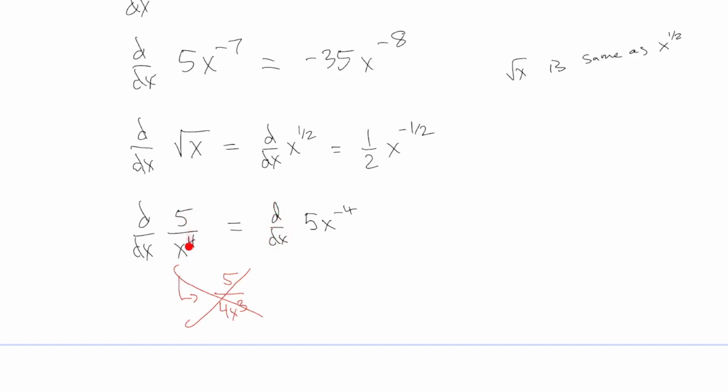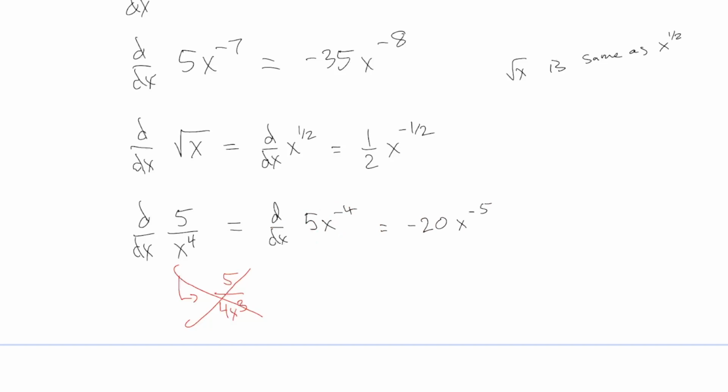All I did was I wrote that in a different way. I hope you all remember that a negative exponent indicates that thing is inside the denominator. So if you see a power of x in the denominator, you can always move it up and make the exponent negative. But anyway, now this is in a format that we like for taking the derivative. I get negative 20x to the minus 5, like so.